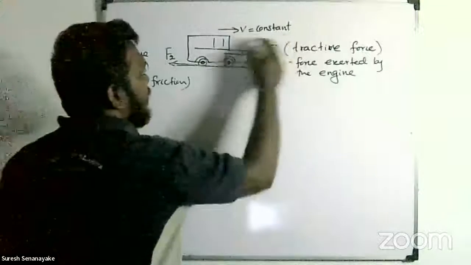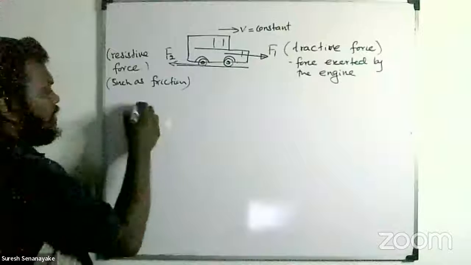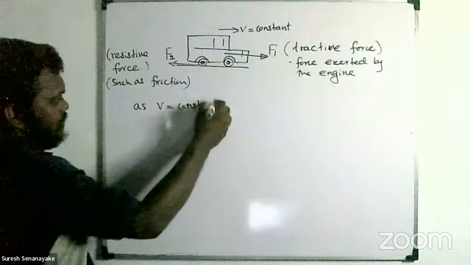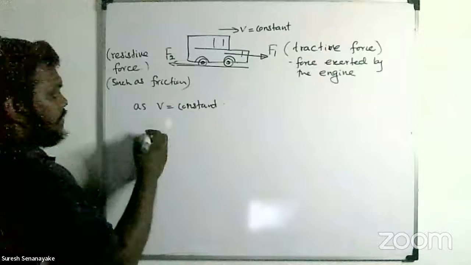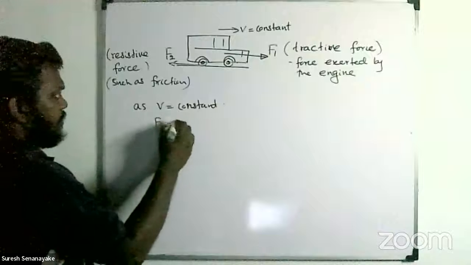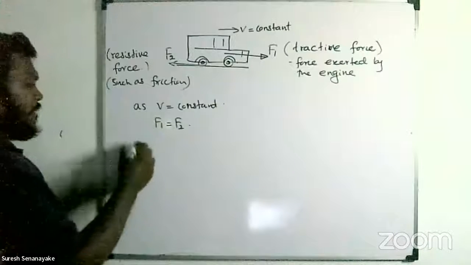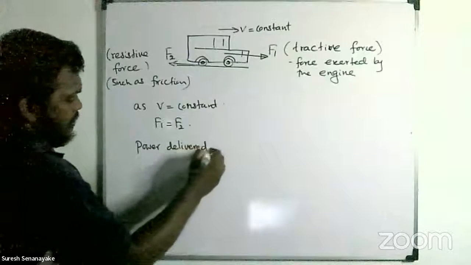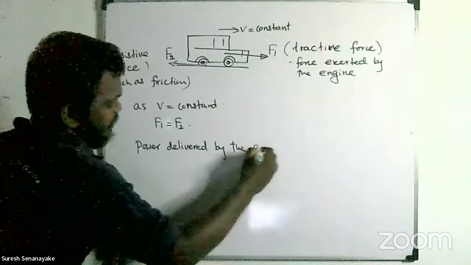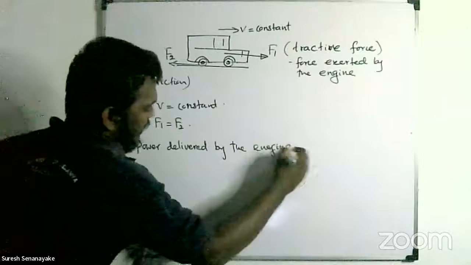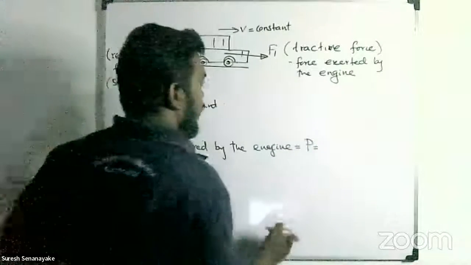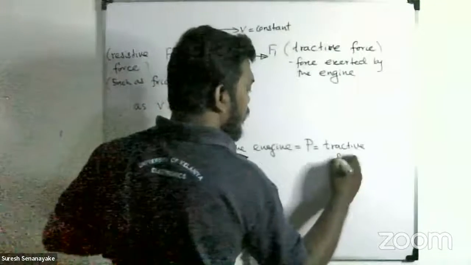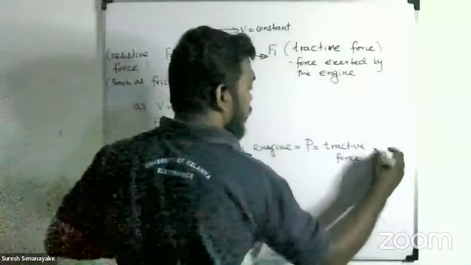When it's moving with constant velocity, as v is constant, you can write F1 equals F2. So the power delivered by the engine you can write as the tractive force multiplied by the velocity.